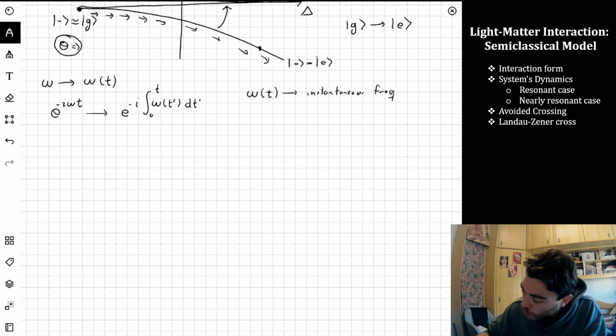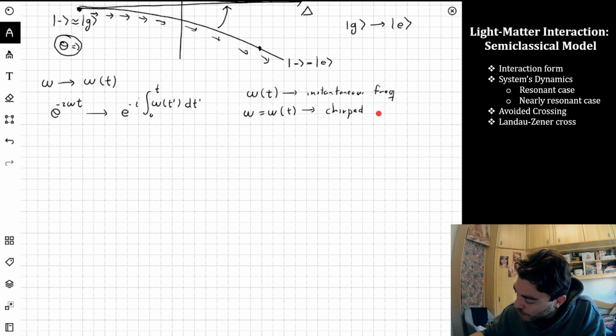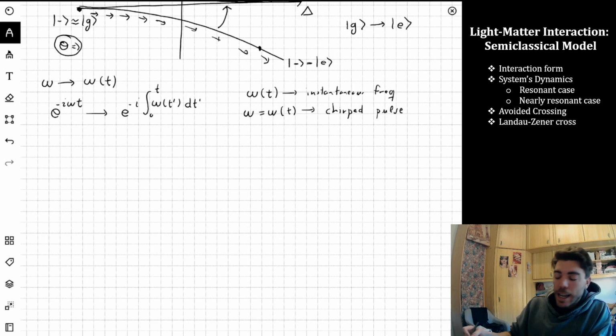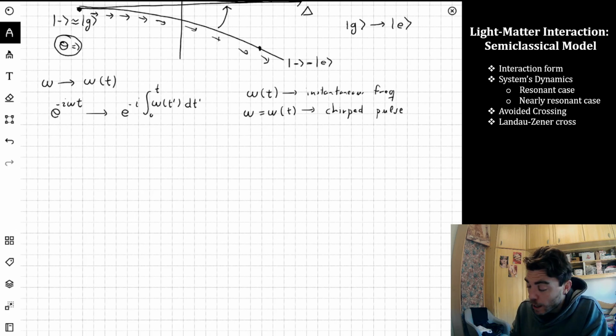And the fact that omega depends on time sometimes is called a chirped phenomenon, or you have a chirped pulse. It's a pulse in the sense that now omega will have a time dependence.